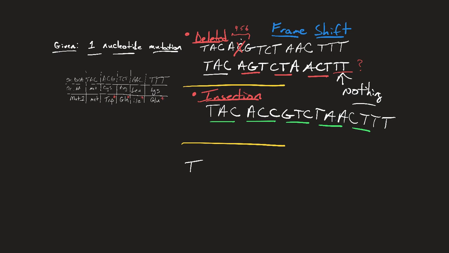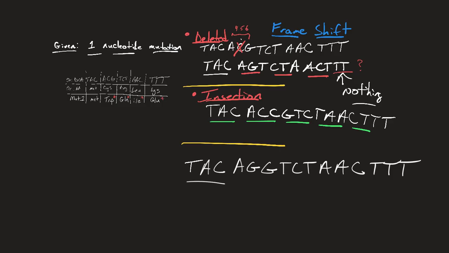Just randomly. TAC A, instead of C, what if I put a G, right? G T C T A C T T T. Well, if I look at the results, TAC would be the same, right? And you can see that methionine is still methionine, so that stayed the same. That's fine, that matches. But then AGG would be different, wouldn't it?